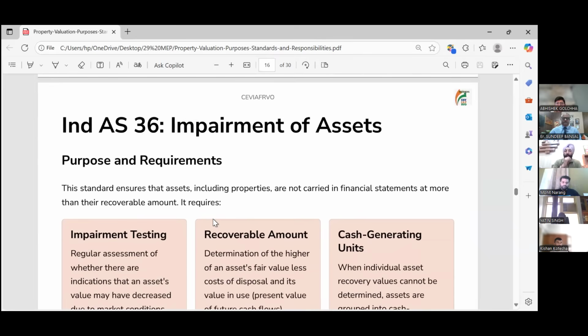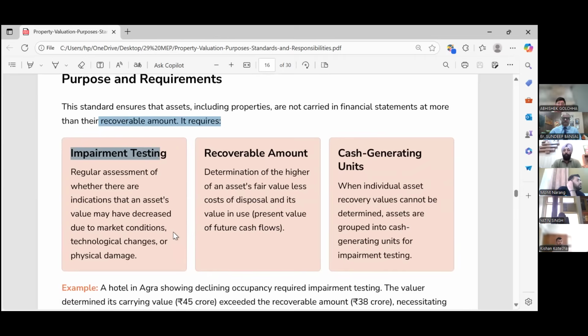Then the next one is Indian accounting standard 36. It deals with the impairment of assets. This standard ensures that assets, including properties, are not carried in the financial statements at more than their recoverable amount. See here, it requires impairment testing, that is, regular assessment of whether there are indications that an asset's value may have decreased due to market conditions, technological changes, or physical damage.